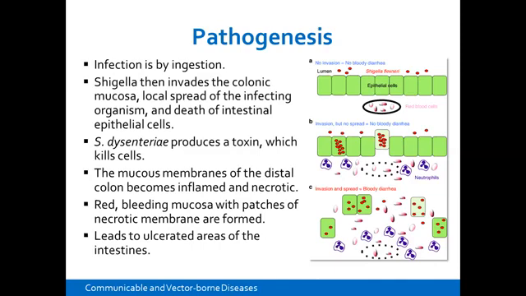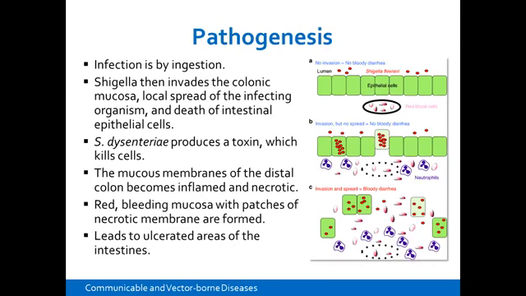So when the bacteria gets into the intestines, that is how we start having the disease. The infection is by ingestion. Then it invades the colonic mucosa, so the mucosal layer of the colon is invaded. Then you have local spread of infection, and it destroys the epithelial cells.